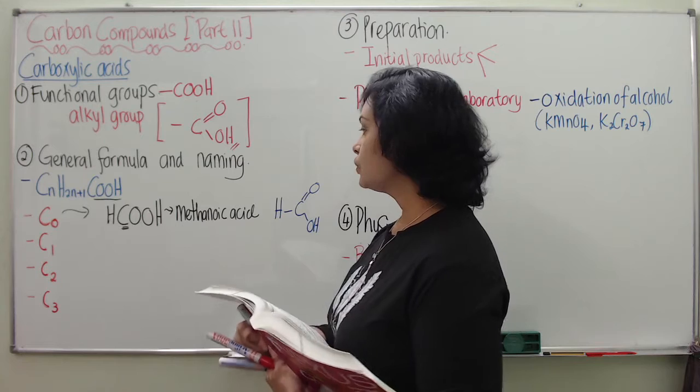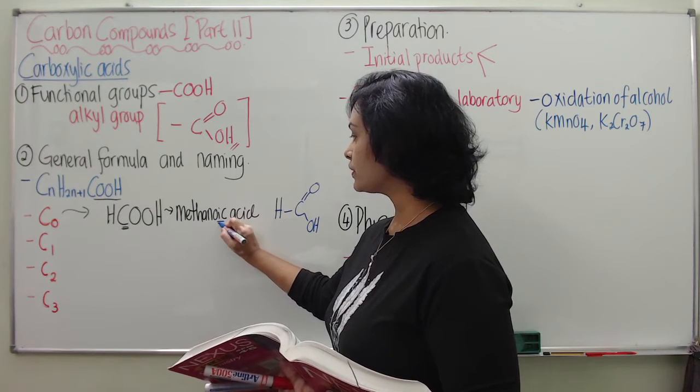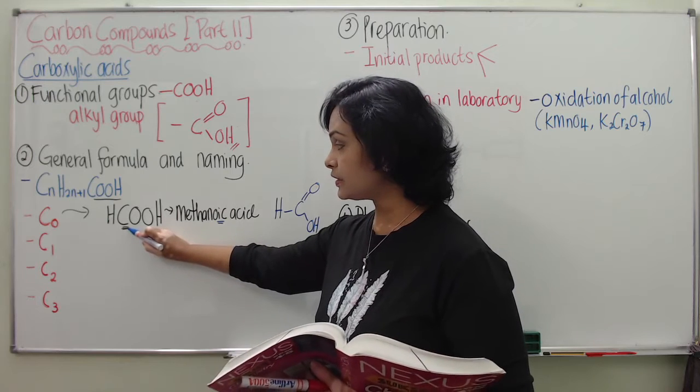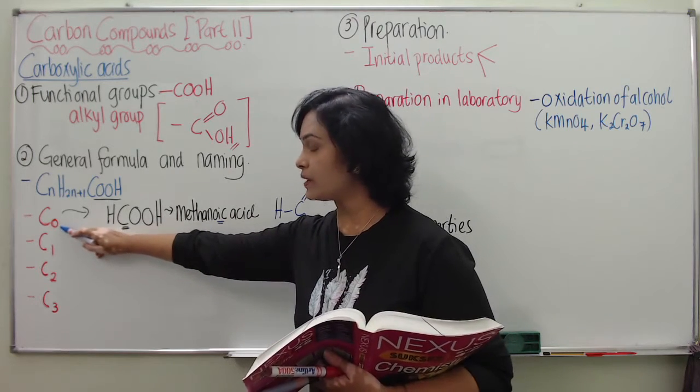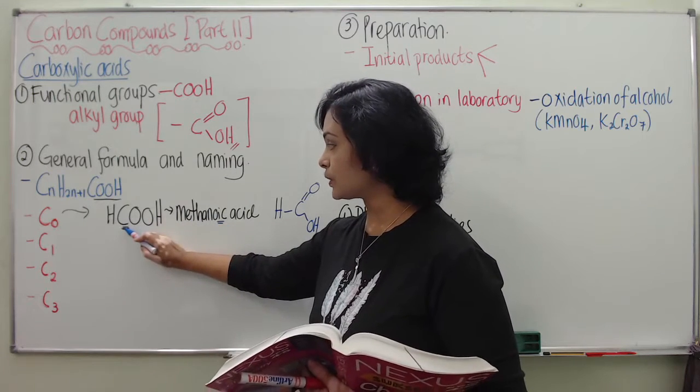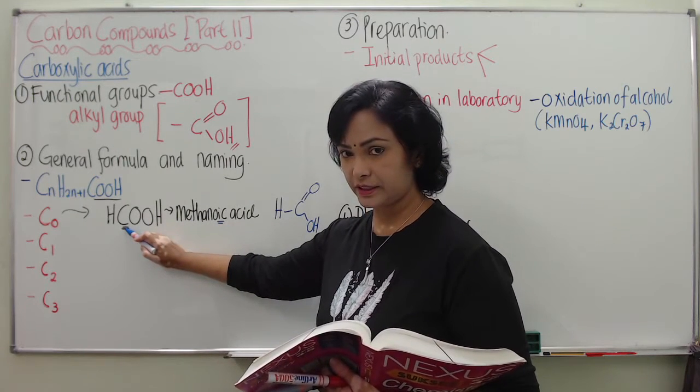Please look at the prefix, which depends on the amount of carbon. Since we see at least one carbon, even though carbon here is 0, it is called methanoic acid because at least one carbon exists here.